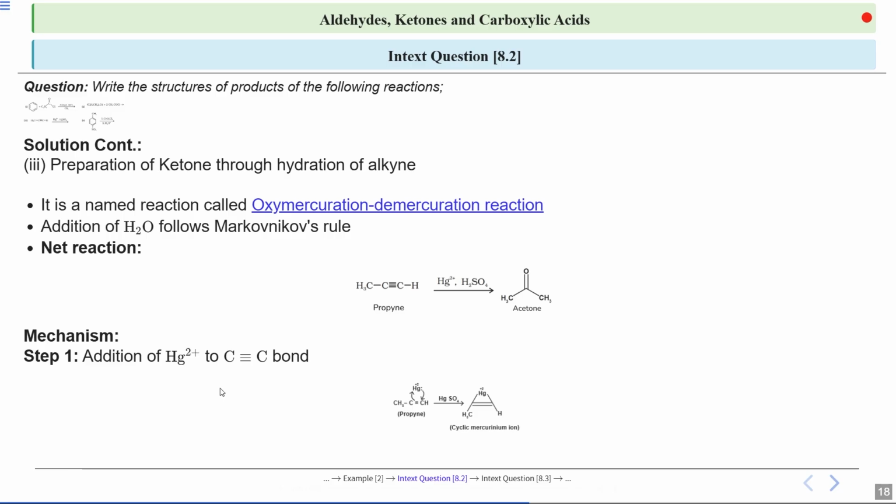So this is step 1, the addition of Hg2+ to the C triple bond C.